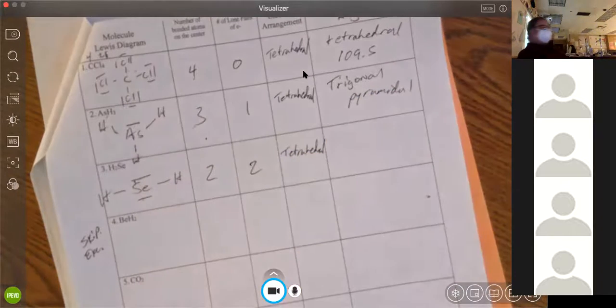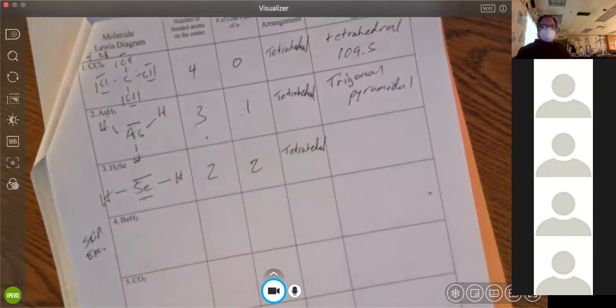What did you find for the shape there? I'll open up the chat if you want to type it instead of say it. But what has 2 bonded atoms and 2 unshared pairs on the back of this sheet? Go to the back sheet and find 2 bonded atoms and 2 unshared pairs. I'll get a drink while you do it.